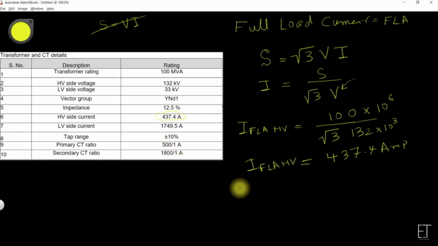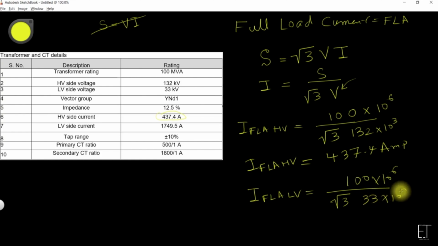In the same way, we calculate the full load ampere at the LV side. I FLA LV is equal to 100 into 10 power 6, because it's MVA, divided by root 3 into 33 kV, so into 10 raised to power 3.